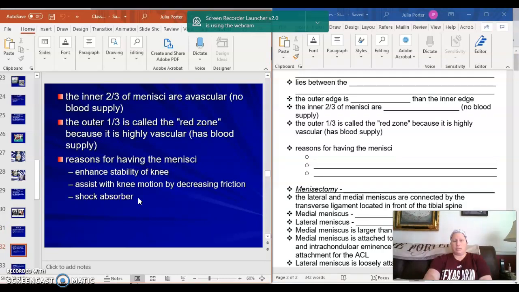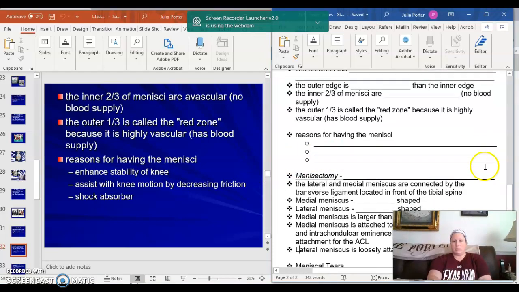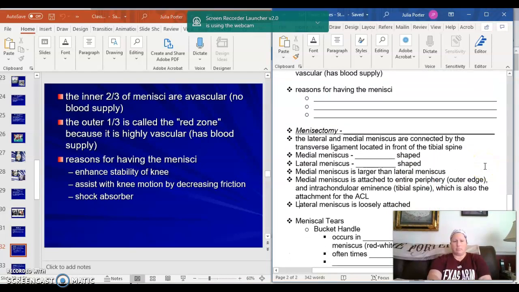The outer part of the meniscus is vascular, meaning it has a lot of blood, so it's easy to heal. The inner part is not easy to heal, which is called avascular, which typically means if someone has a meniscus injury and it's in the inner part, they will typically do what's called a meniscectomy, which means they take the piece out.